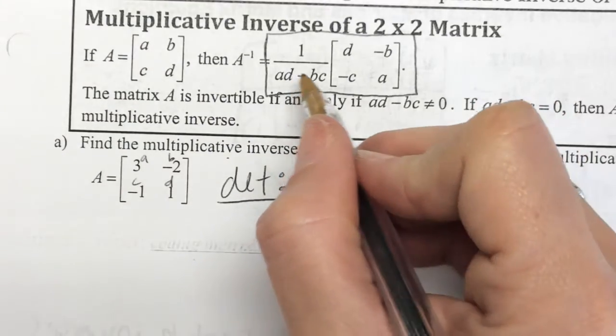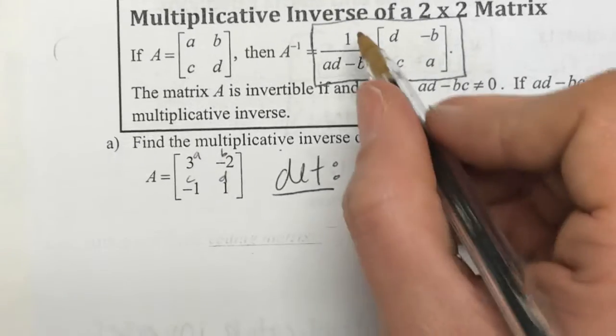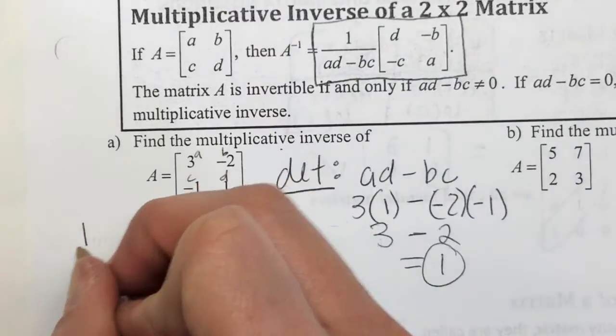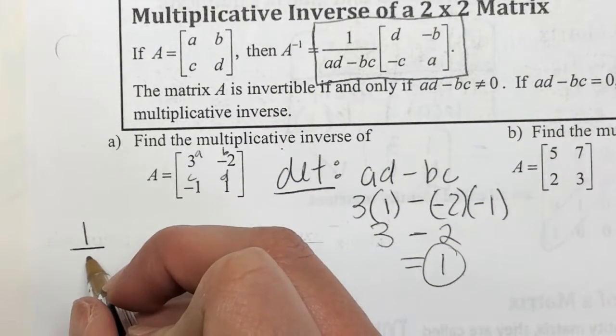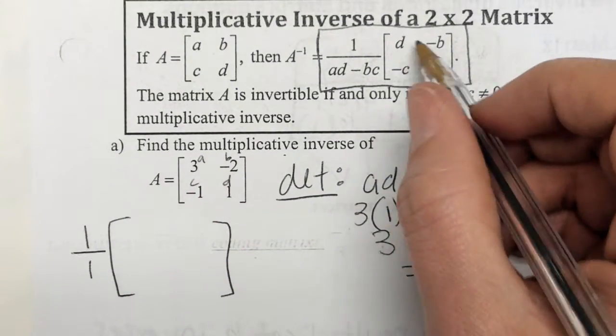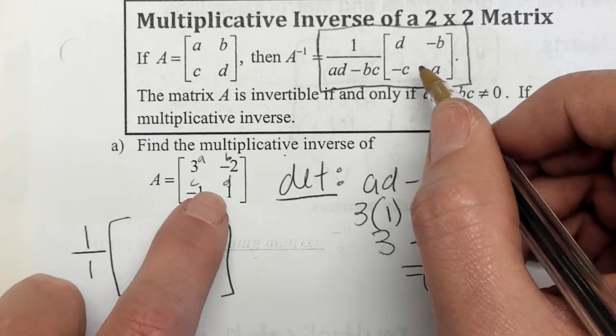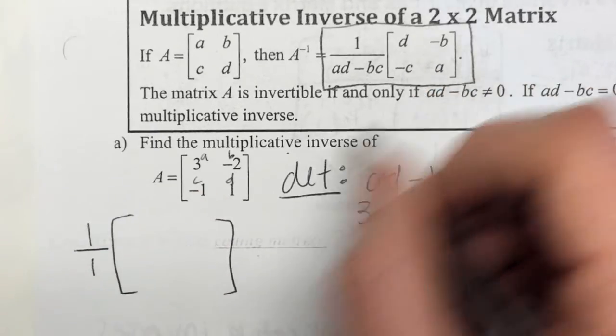All right, so what we just found in this formula is this part, this AD minus BC. So now we'll set up this formula. It's just going to be 1 over our determinant, which is what here? 1. And now the matrix, see the difference between these letters and our letters? You're just flipping the A and D, changing those spots. So right here we'll have what?